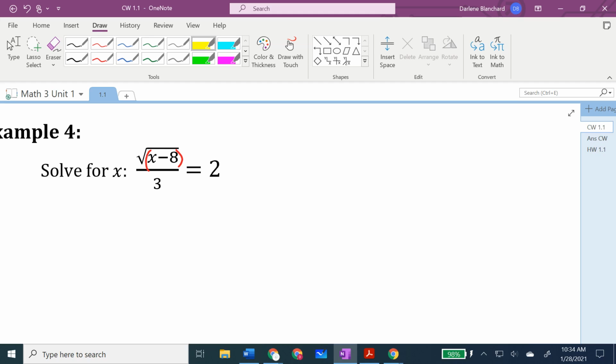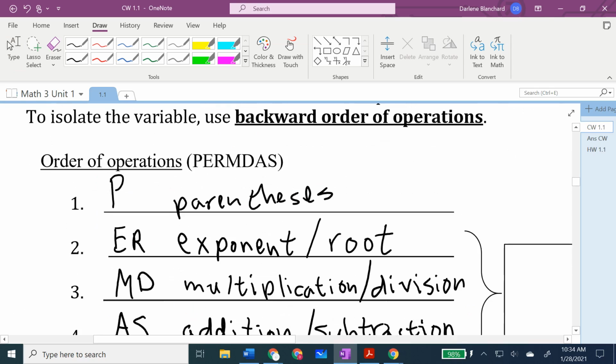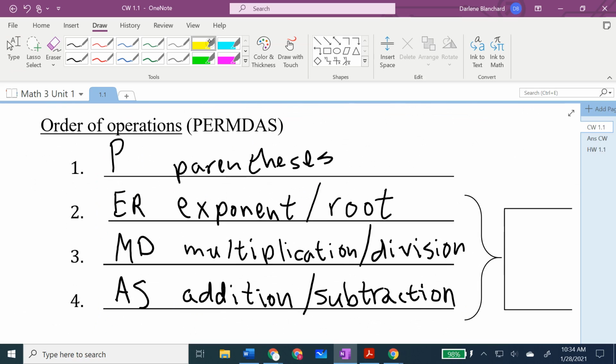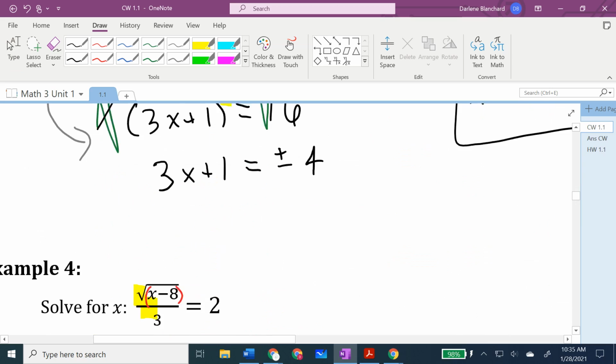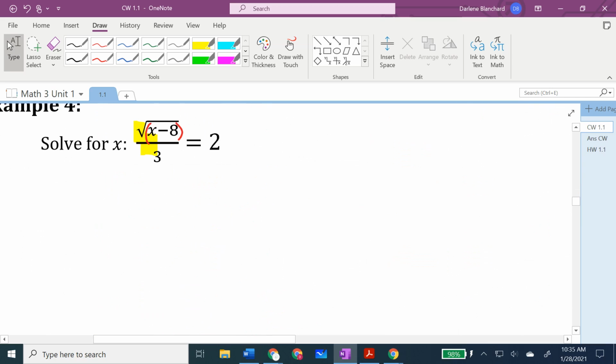Now, what you have here is a root and a division. And just going back to the issue, root is on the same level as exponents, and then division is a lower level on PEMDAS. That means I'm going to first undo the division.